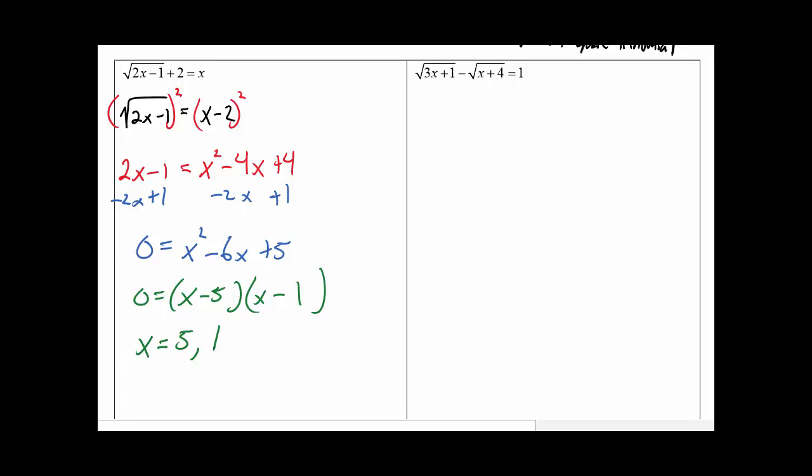Okay, so this is where we want to come back and check that we didn't accidentally bring in an extra solution that's not really there. So let me set up a check step here. I want to check that when I plug in my two solutions, they actually work.